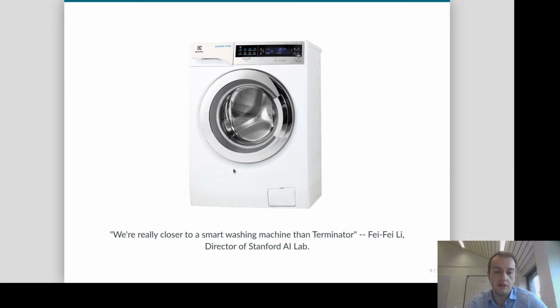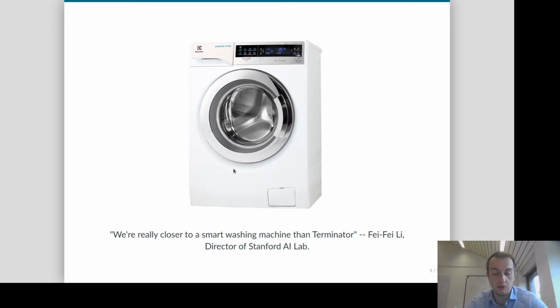Today, artificial intelligence agents are really good at performing a few tasks. This is what we call narrow artificial intelligence, and they usually are able to solve a set of specific tasks in a way which is often superhuman.